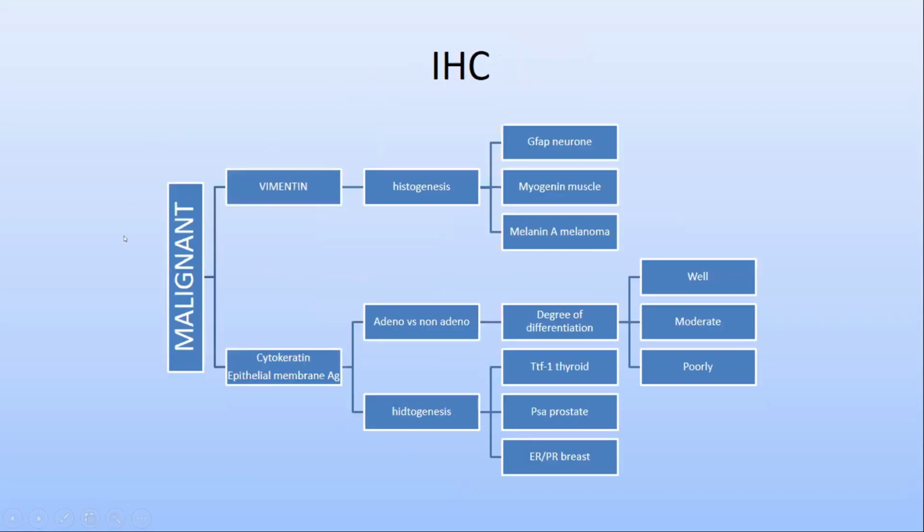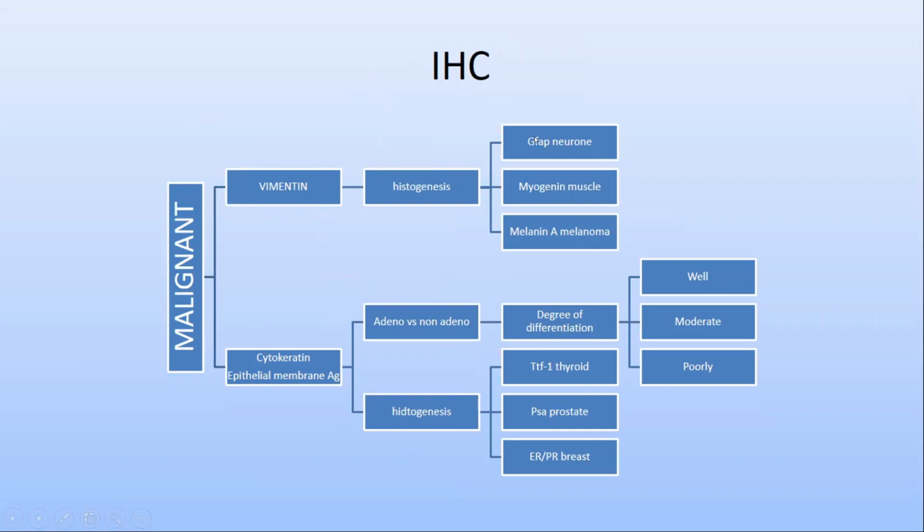Again, this is more towards immunohistochemical staining. If you have a malignant lesion, this is the staining. Vimentin is for the sarcoma, and cytokeratin or epithelial membrane antigen is for the epithelial. If vimentin is positive, we know it is a sarcomatous lesion, so we do very specific staining.